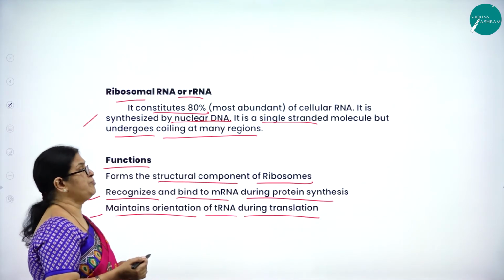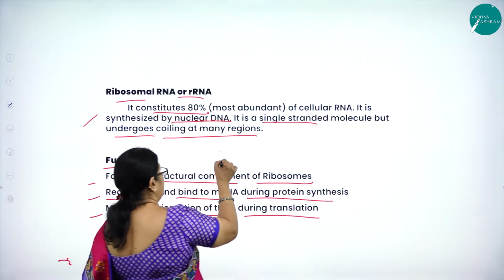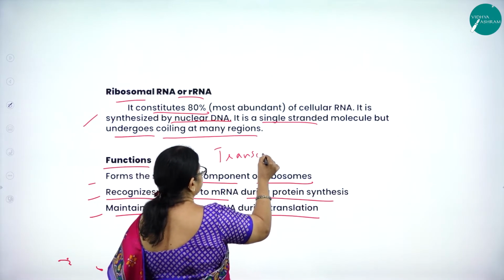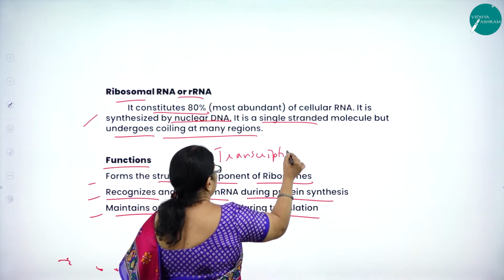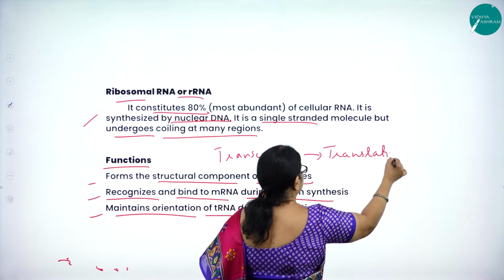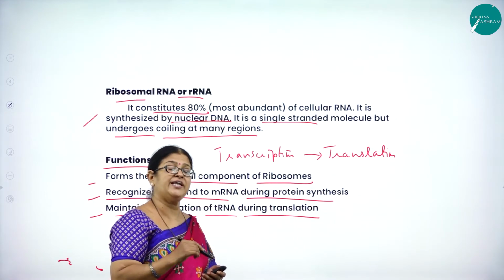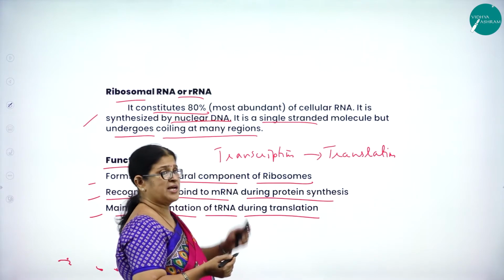Two very important events take place in protein synthesis. One is called transcription and the other one is called translation. The genetic message that is transcribed from DNA to mRNA is called transcription.